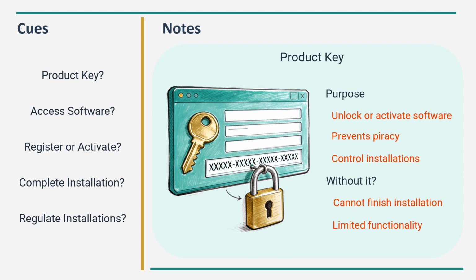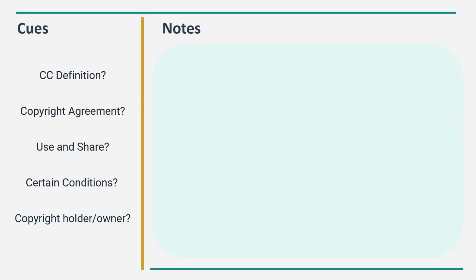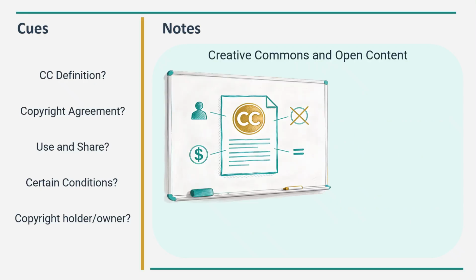So, if an exam question asks you for the purpose of a product key, you can say, it is used to activate the software for legal use, to prevent illegal copying, and to limit the number of installations under a license. Creative Commons, or CC, is a type of copyright license used mainly for content, such as text, images, music, and videos.